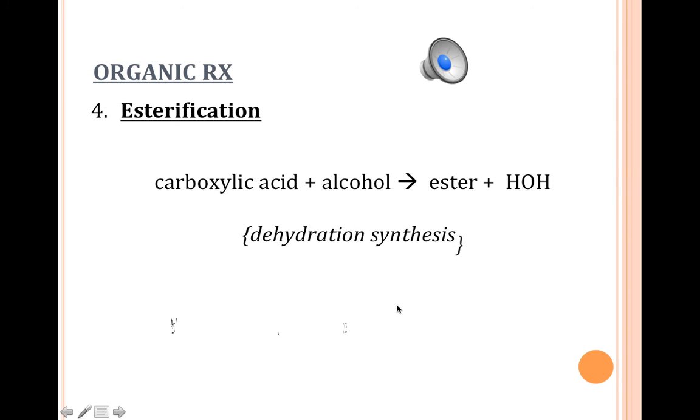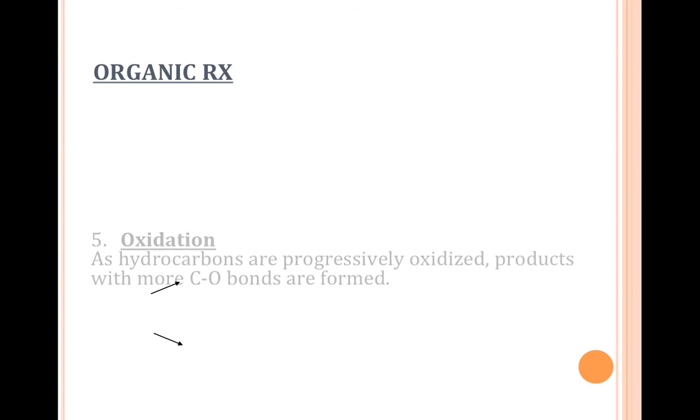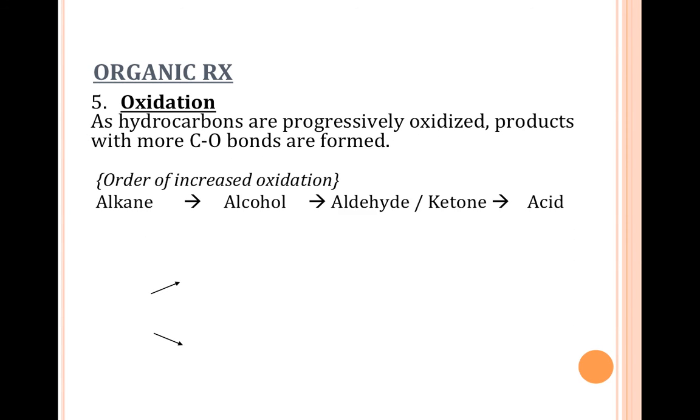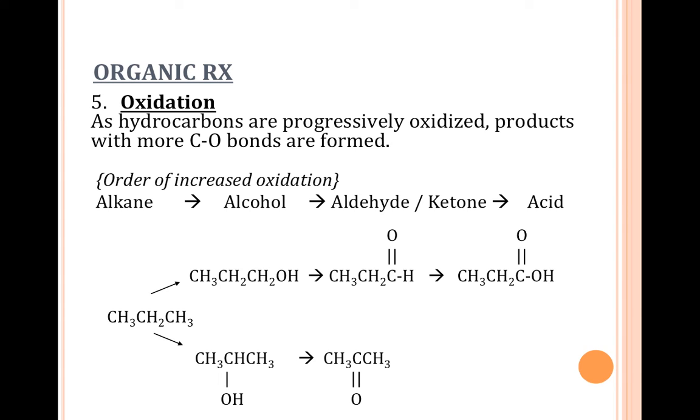Esterification we've gone through in quite a bit of detail earlier, so it says remember your earlier notes for that. Oxidation we put in for interest, but you will not be tested on it at all. So oxidation is a process that we look at in Chemistry 12 in much more detail. There are all kinds of oxidizing agents, things like potassium permanganate.